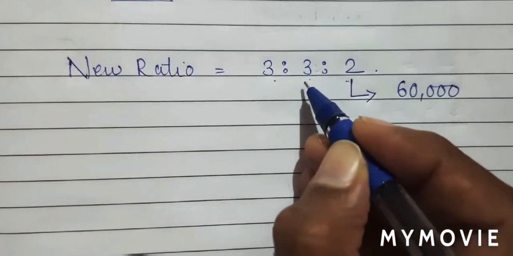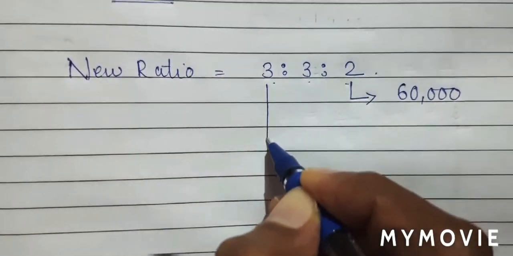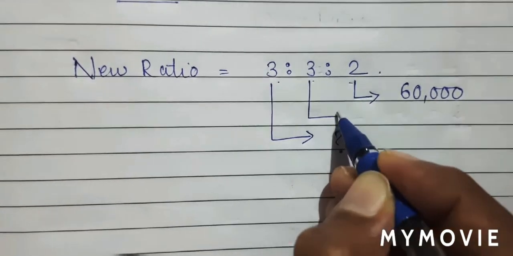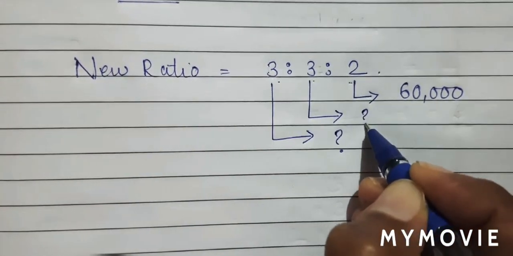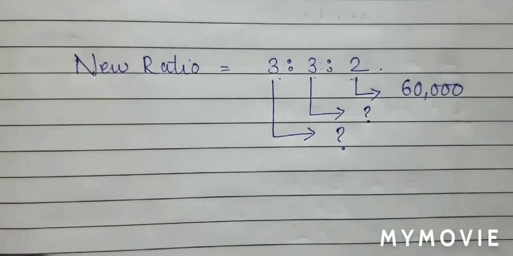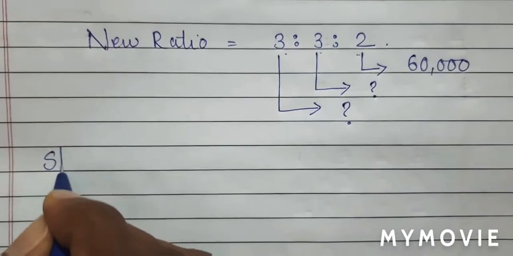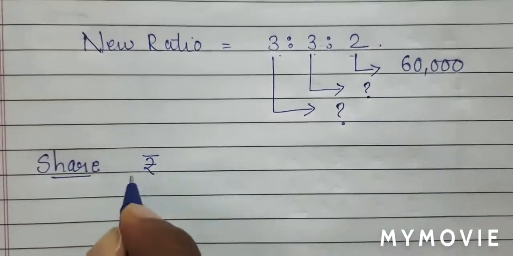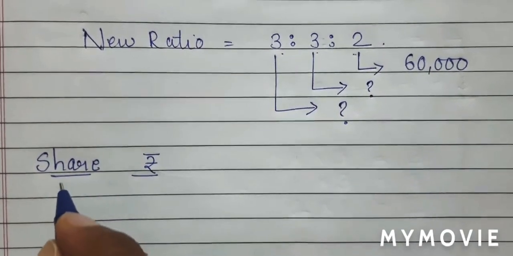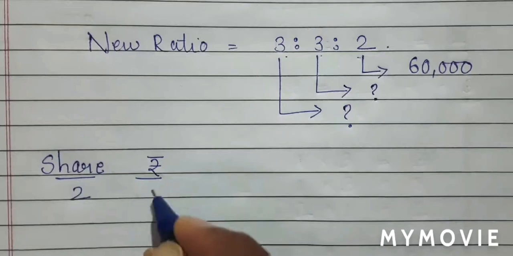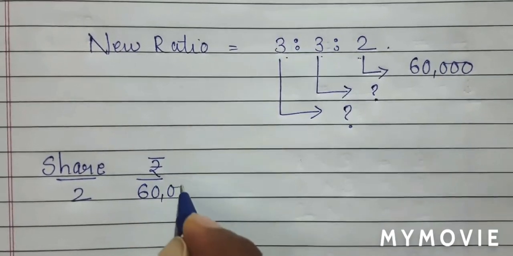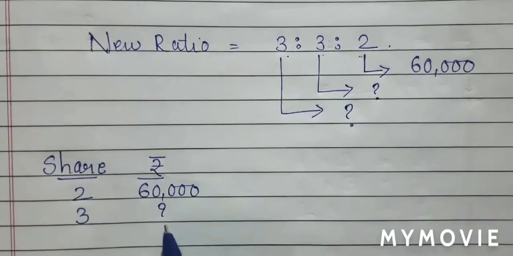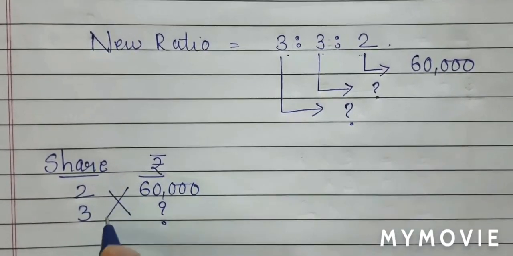So we will have to find out how much capital will be brought in by Vrushali and how much capital will be brought in by Leena. Let us find out. We can do our cross multiplication method, shares and rupees. For 2 shares, the partner brought in 60,000 rupees, so for 3 shares, how much will he bring? So we cross multiply.